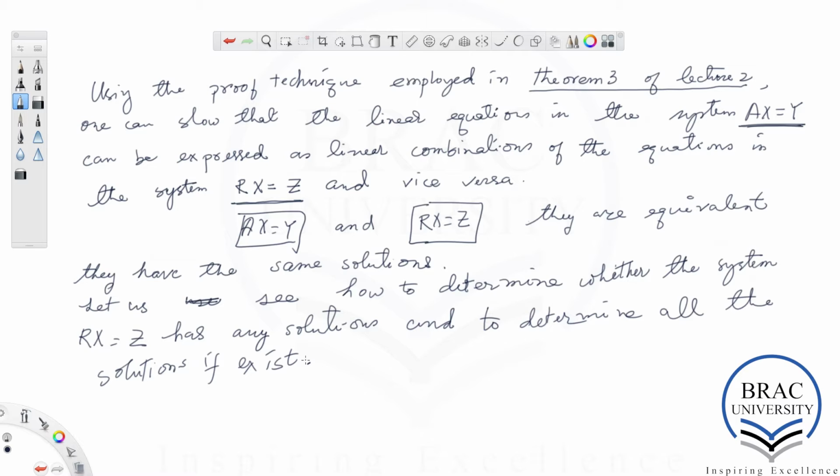So if we conclude that Rx equal to Z does not have any solution, Ax is equal to Y will not have any solution either. But if Rx is equal to Z has any solution, we have to be able to find all those solutions. Okay, let's see how we do that.